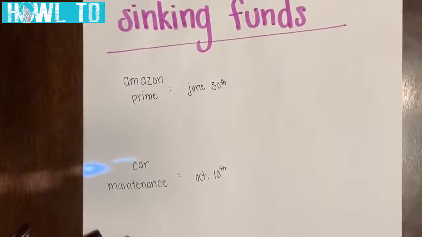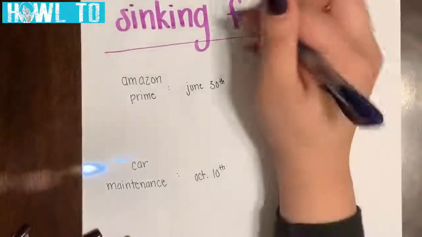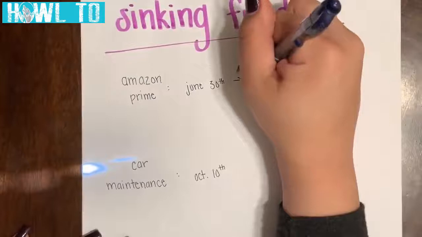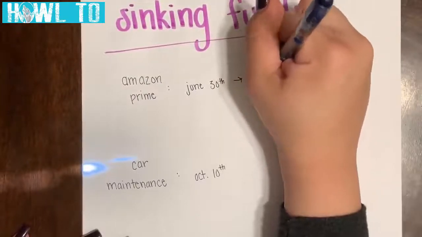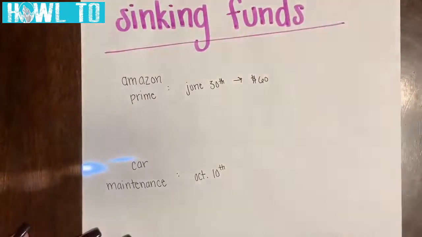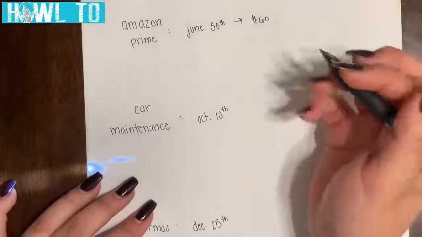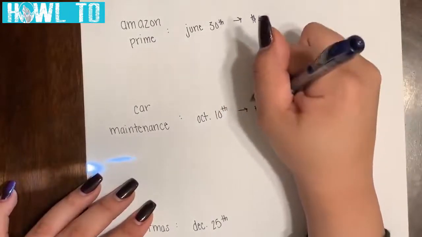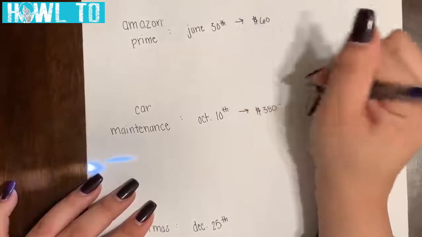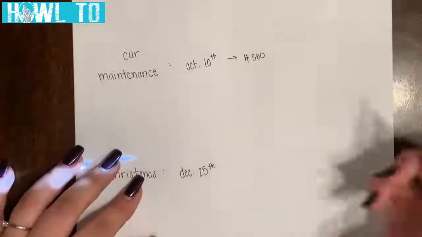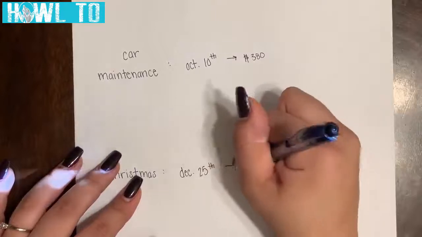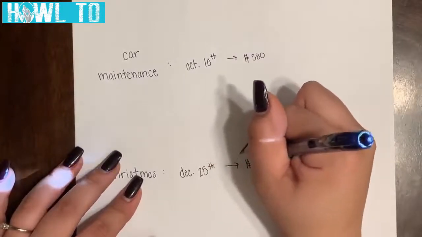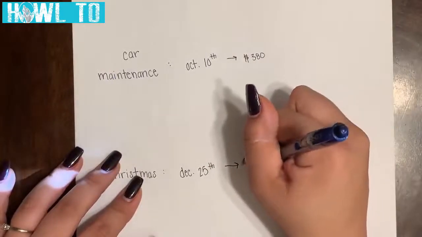Next, we will be creating an amount due for them. So for Amazon Prime, I personally pay $60. Car tags, we'll say we owe $380. And for Christmas, we will say $500 is what we want for our budget.